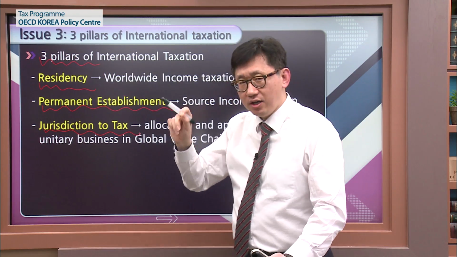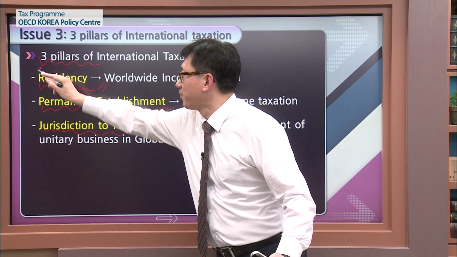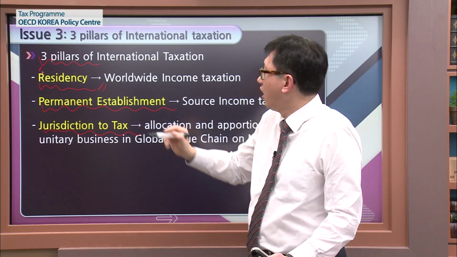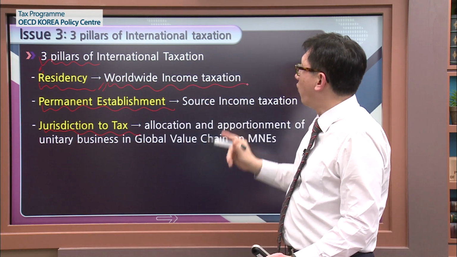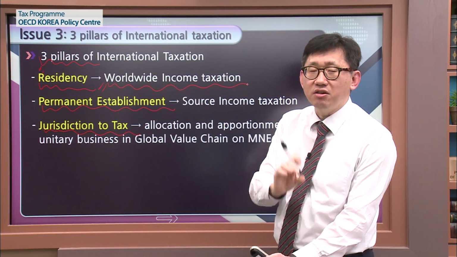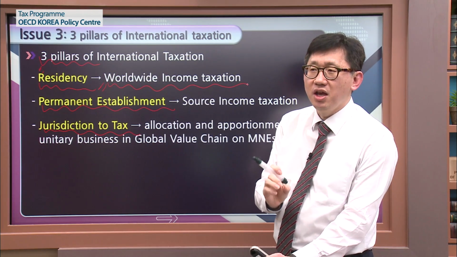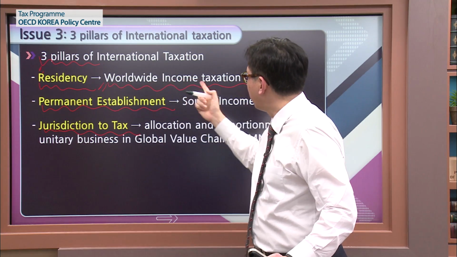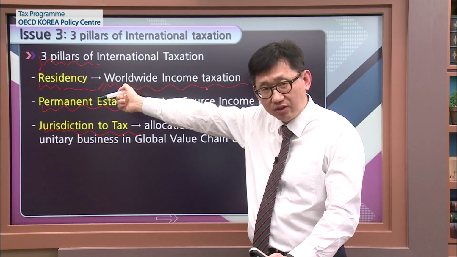In the case of the residence principle, when a company is classified as a country's resident, over the worldwide income that resident tax authority has the full power to levy tax, worldwide income taxation, on the resident.